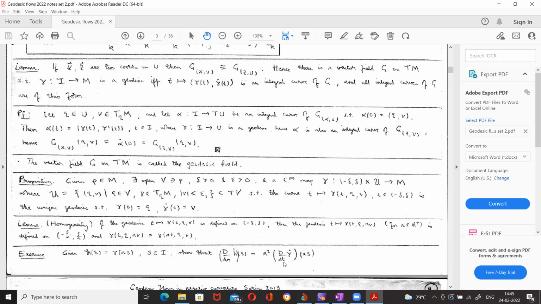You're saying t equals as, and that's the change of variable, but this just means the covariant derivative of gamma dot. This is a vector field along gamma, and along gamma the variable is t. So this is D/dt of gamma dot, evaluated at the point as. Okay.